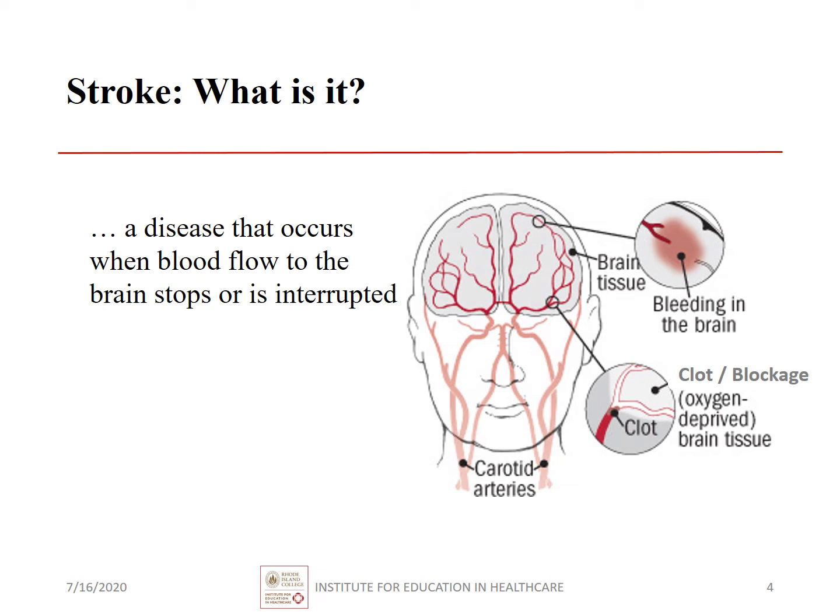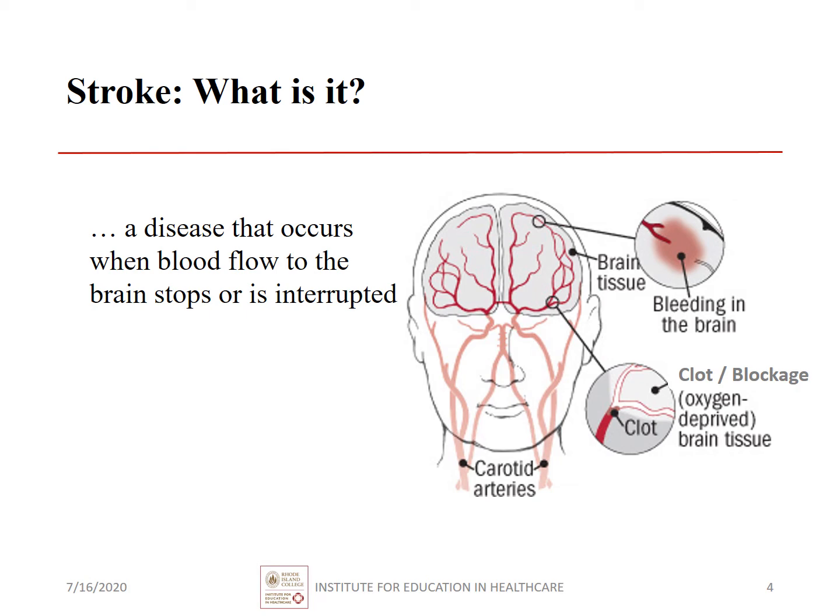The second cause of stroke is a hemorrhagic stroke, where a blood vessel in the brain actually ruptures, and the blood that should normally continue on in that blood vessel out to the parts of the brain that need it instead leaks out of that ruptured vessel.